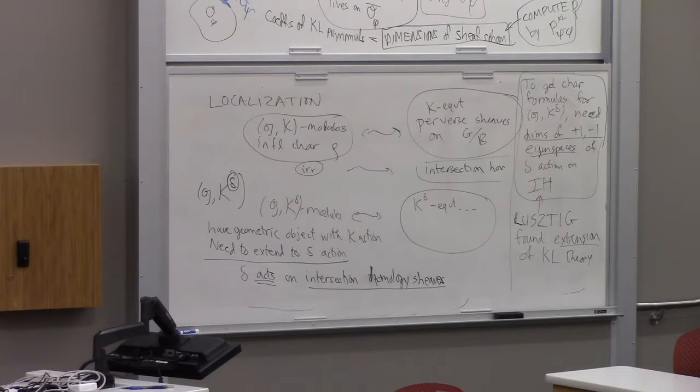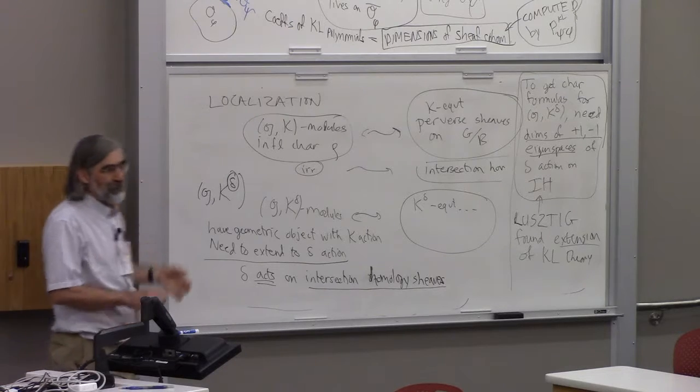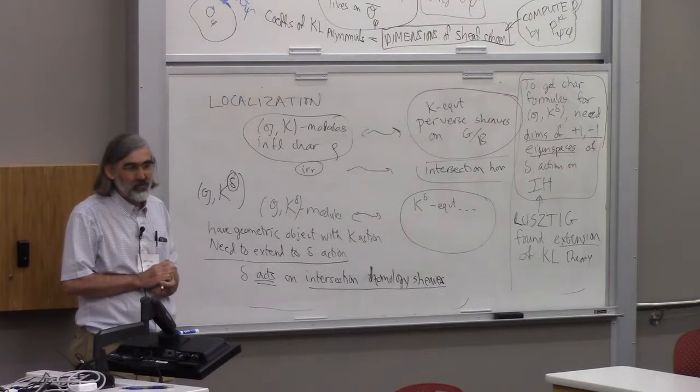And in that case, K delta is the extension, this delta is just this swapping automorphism, and so it just is a direct product in that case, but nevertheless, the actions that show up here are tricky.